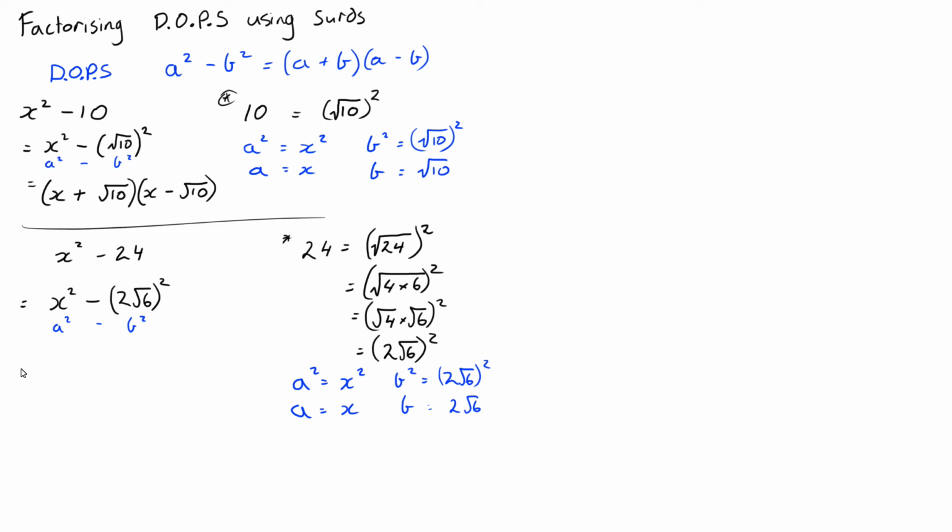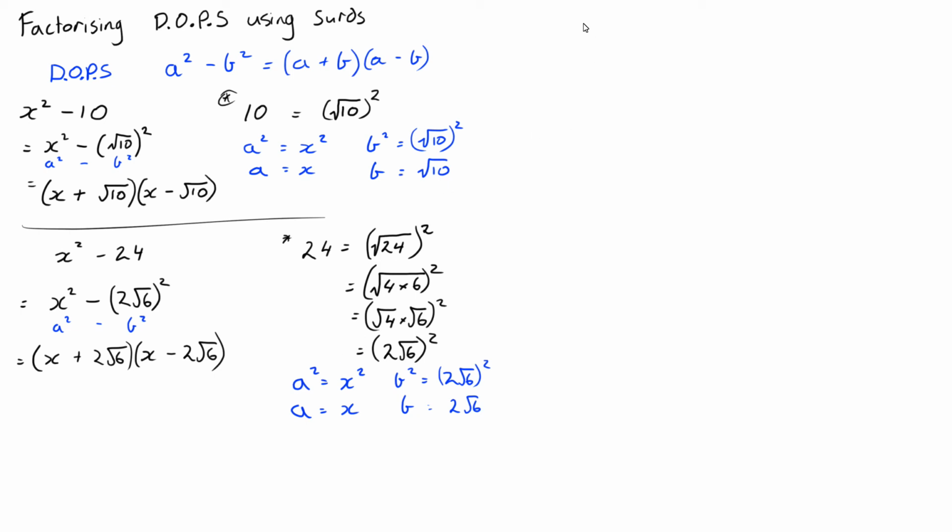Now that I've got those, I can put my brackets in. I've got x plus b, which is 2 root 6, and a, which is x, minus b, which is 2 root 6. So that's factorised, and again we've just used some surds and simplified those down.